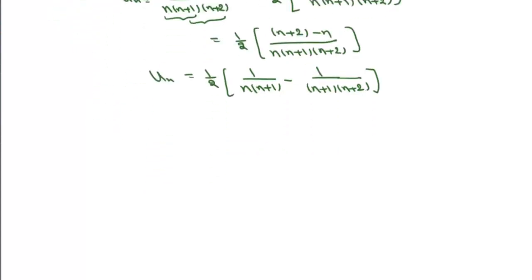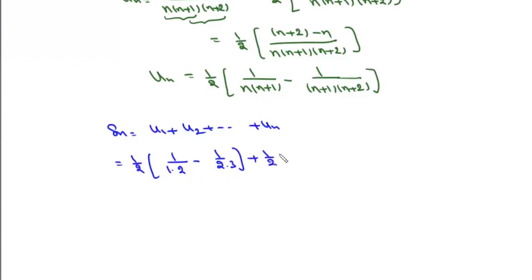Now if we write its partial sum Sn, it will be given by u1 plus u2 up to un. Now it will be this 1 by 2. If we put n as 1, it will be 1 upon 1 into 2 minus 1 upon 2 into 3.